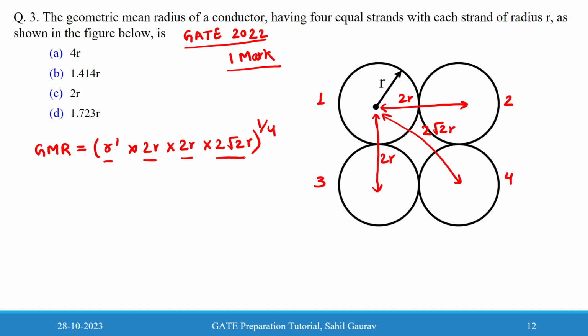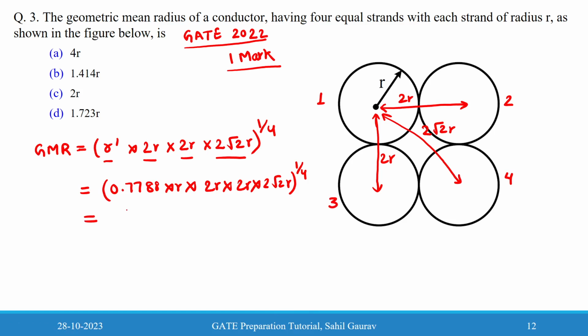Therefore, 0.7788 into r into 2r into 2r into 2 root 2 r, to the power 1 by 4.